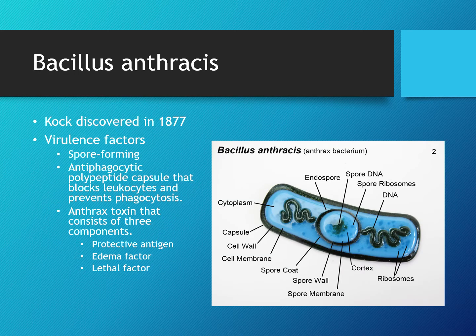Bacillus anthracis was discovered by Robert Koch, and he grew the bacteria in a laboratory culture in 1877, way back when. The bacteria can appear as either single or paired, diplobacillus, or as long chain streptobacillus.